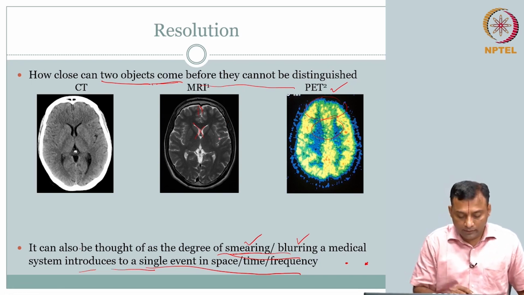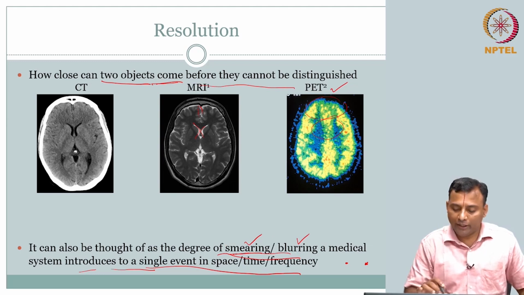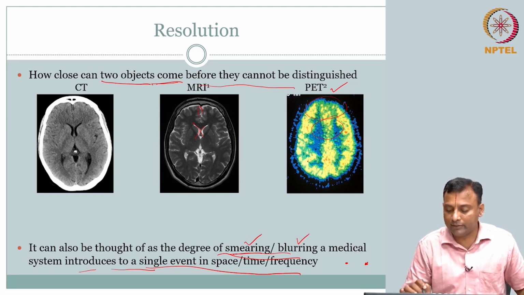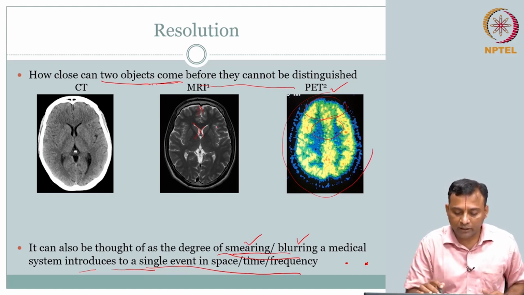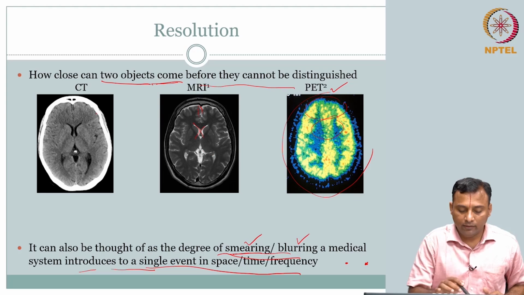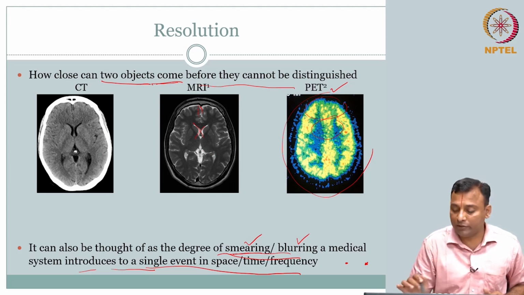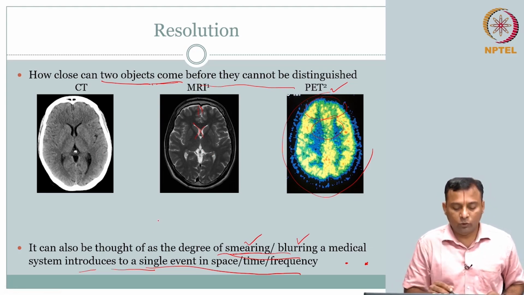Another way to look at it is blurring. Even that way, you can clearly see that this is poor resolution, it is blurring, the edges are really spread out, while the edges are really sharp here. So you can see that the MRI has better resolution than your CT, which has better resolution than your PET, in qualitative terms.